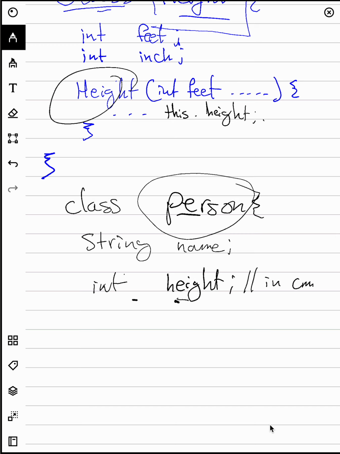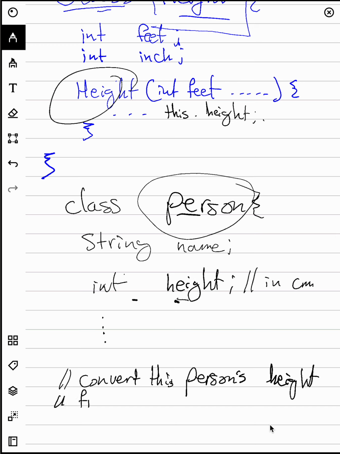But then later in the class, we can have a method that converts this person's height, excuse me, from centimeters to feet and inches. Does that make sense? All right.